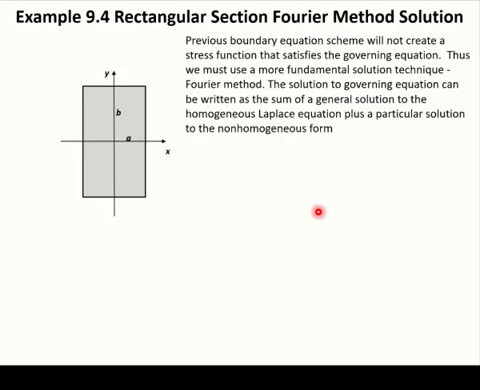So since we cannot use our previous method, what about we assume that our stress function has two parts. One of them is a homogeneous part and one of them is a particular solution for the non-homogeneous part.